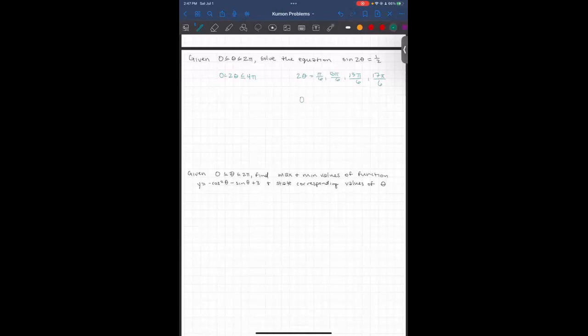So now we need to divide everything by 2 to get the angle theta. So theta is equal to pi over 12, 5 pi over 12, 13 pi over 12, and 17 pi over 12. And that is our final answer.